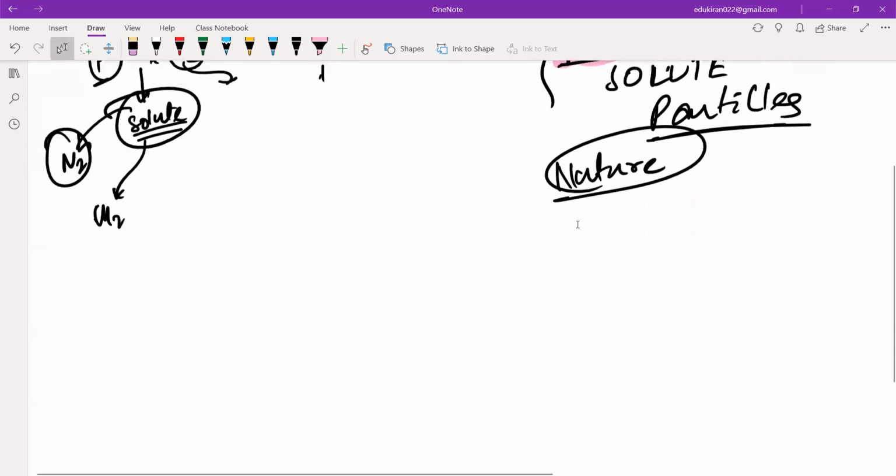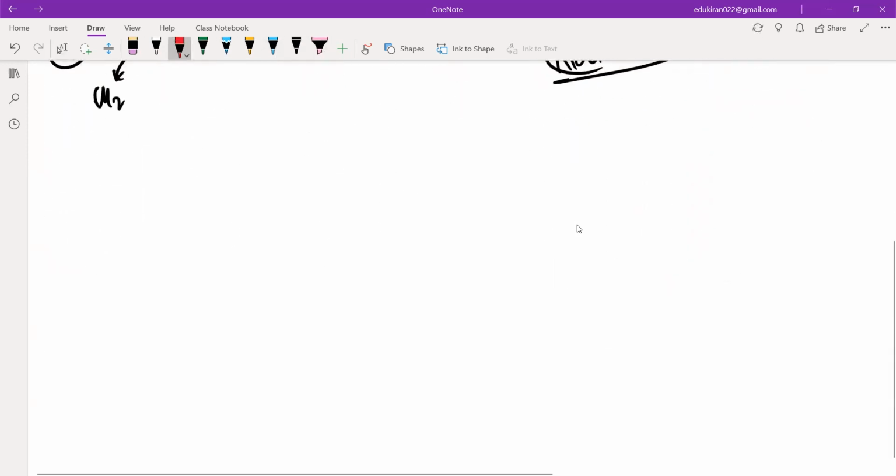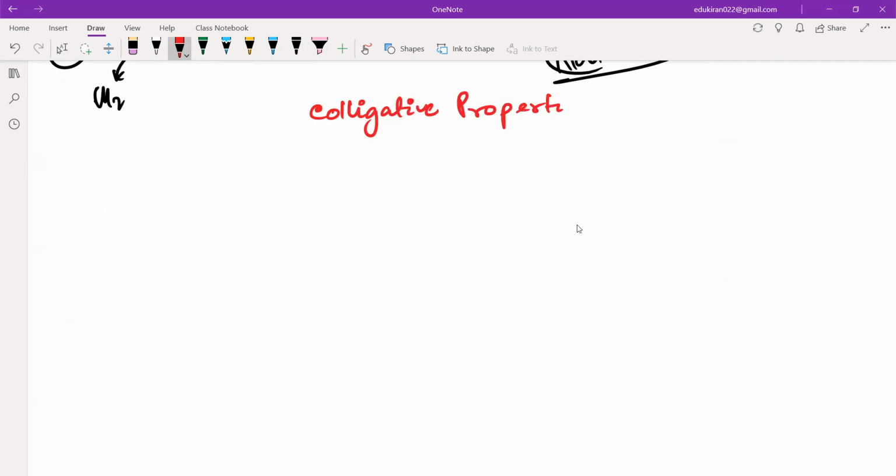Okay, so please write the topic. Now these properties are known as colligative properties. Write the topic, colligative properties. So please write the definition.